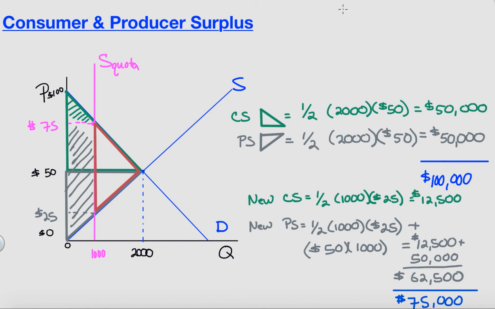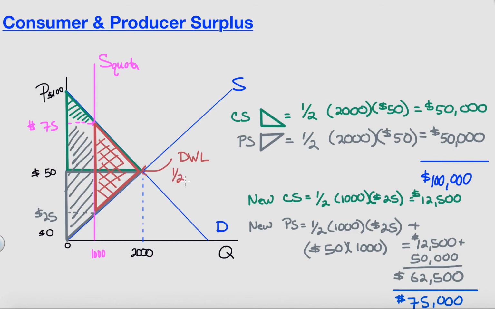That means that it is lost to society. It's no longer available for consumers or producers. So producers were actually made better off in this instance because the price went up so greatly. But the society as a whole does not have this cross-hatched area anymore. Okay, so this area right here is the deadweight loss.